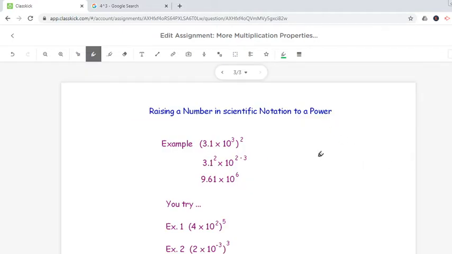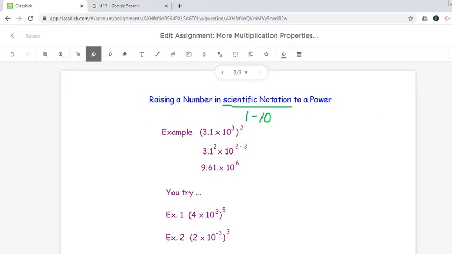And last page. So raising a number in scientific notation to a power. So we're writing it in scientific notation. And remember, for scientific notation, this first number has to be between 1 and 10. So for the example, 3.1 times 10 to the third, to the second power. Oh, look, 2 is outside the parentheses. So we multiply.